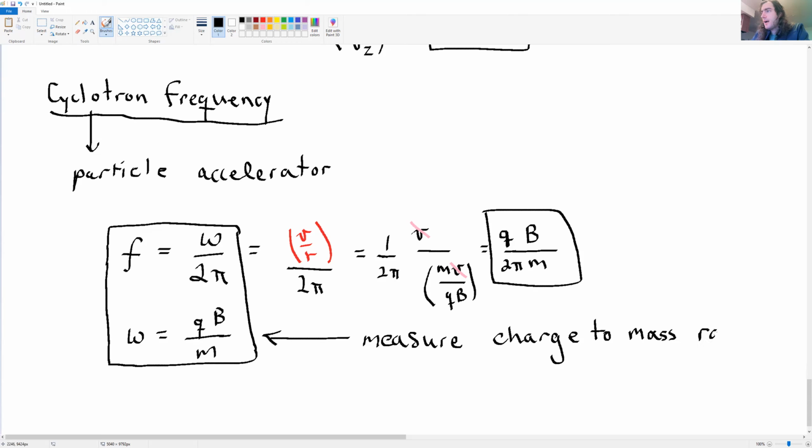The charge to mass ratio was an important landmark in physics, right? So measuring the charge to mass ratio.